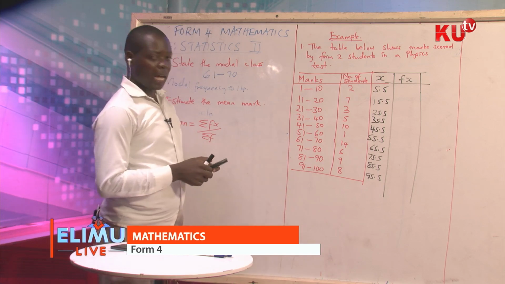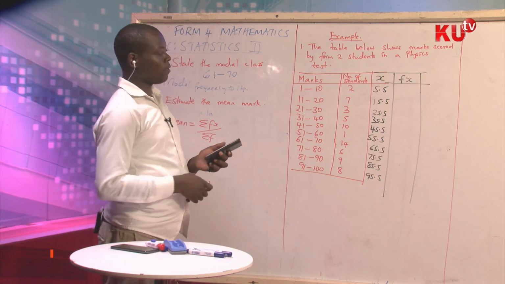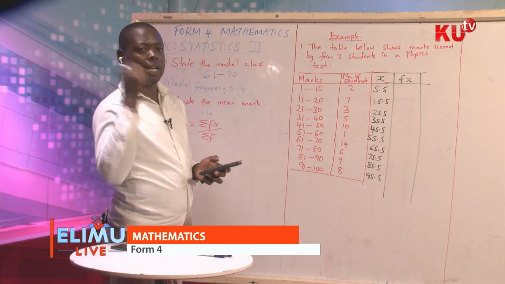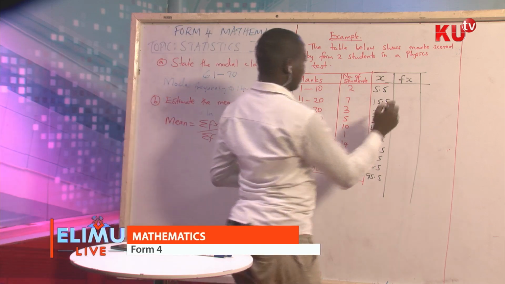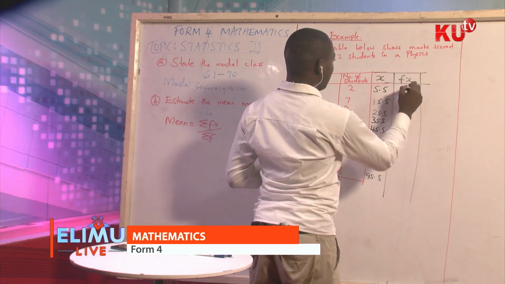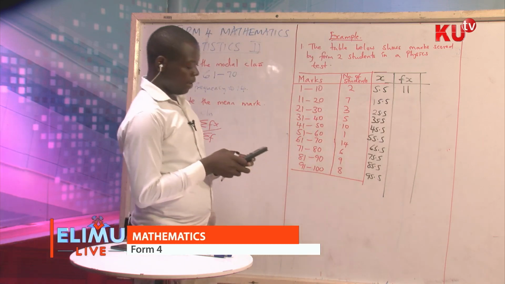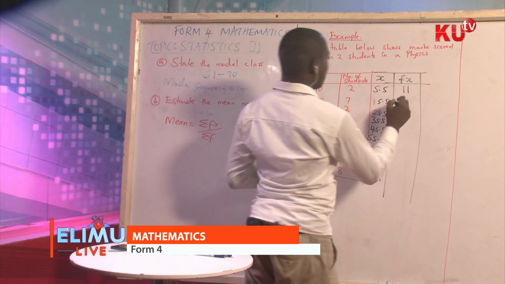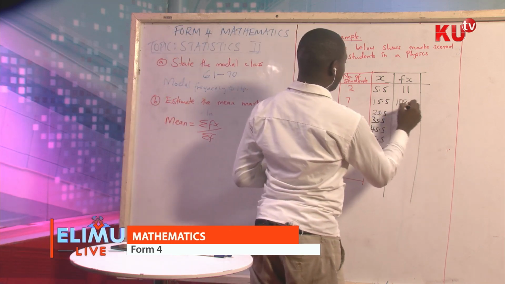In the first class, it is 2 times 5.5, and that gives us 11. So we record 11. Then 7 times 15.5, that gives us 108.5.